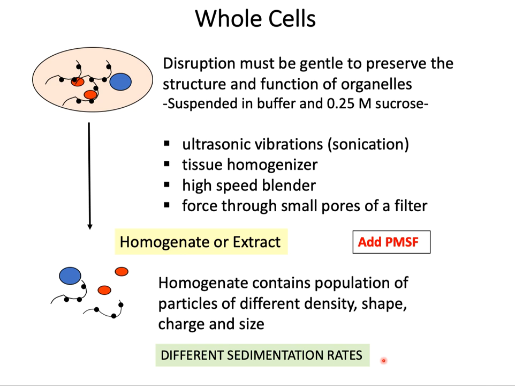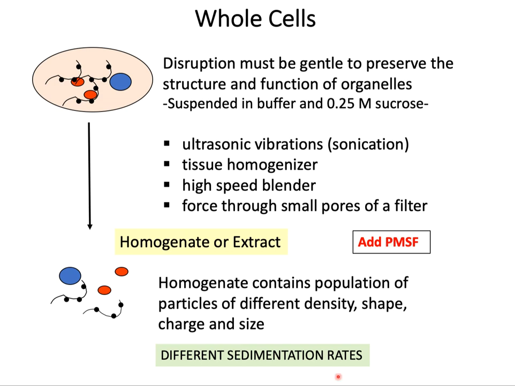They have different sedimentation rates. This is why you can apply centrifugation as a second step. Here in this process, often PMSF is used as a protease inhibitor, which we learned in Part 1 of the module.